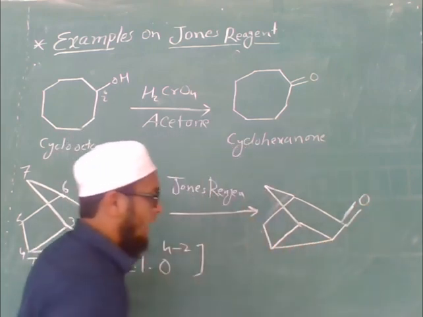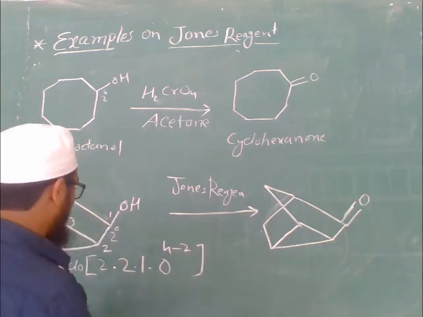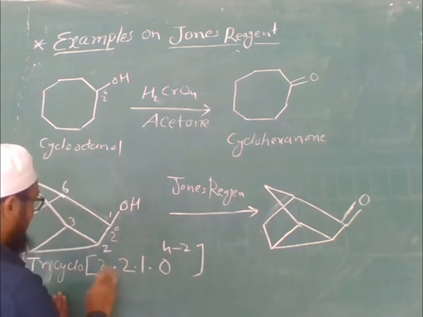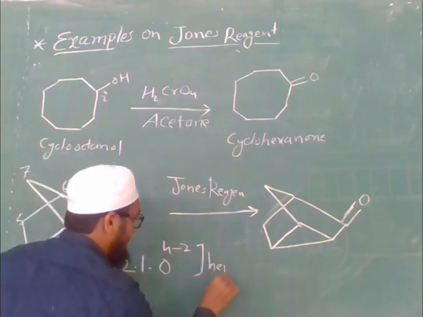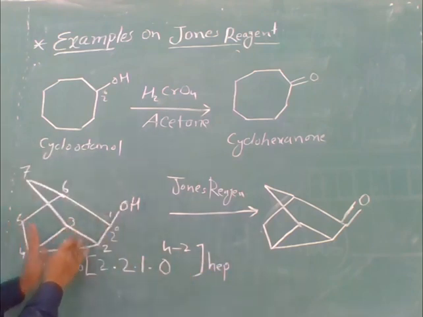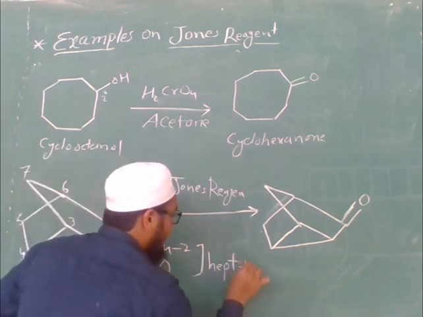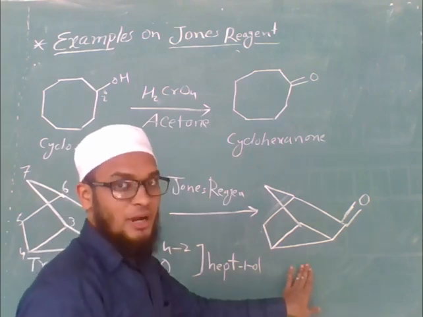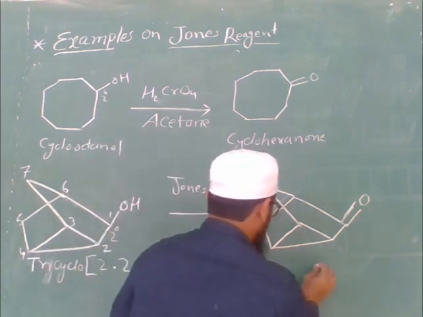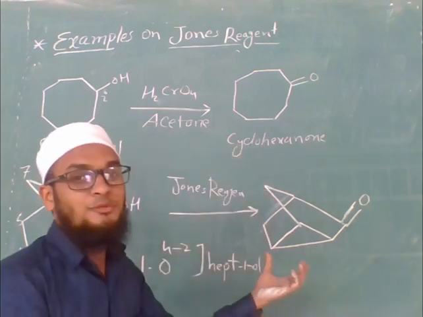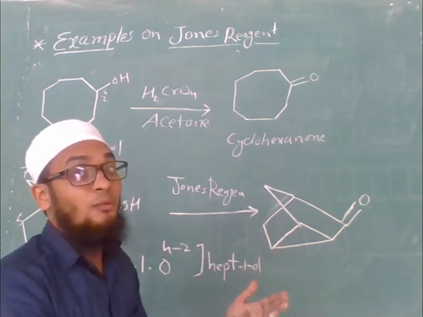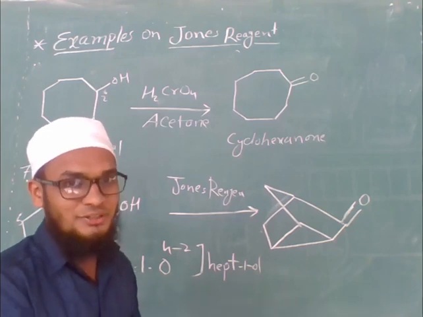This is our compound. So what will be the name of this compound? I have written the name as heptane, because it has 7 carbons. Heptanol, and then this compound will have the same name, and you just have to write one-one, so it will be one-one, so it will become a ketone.